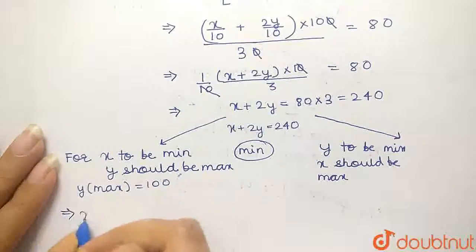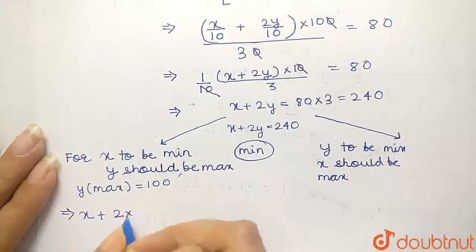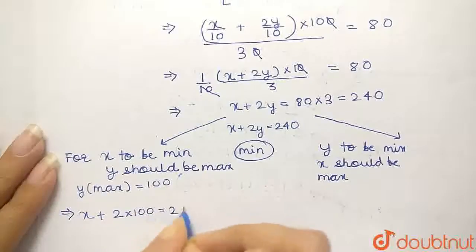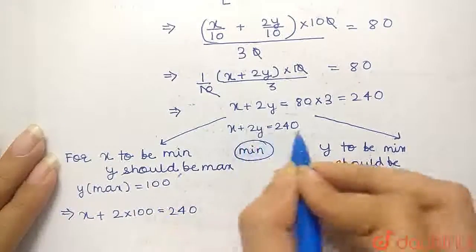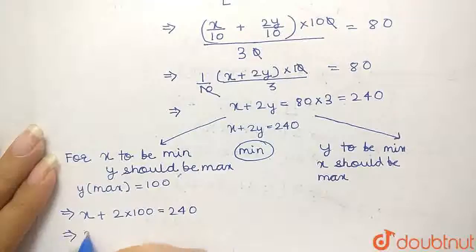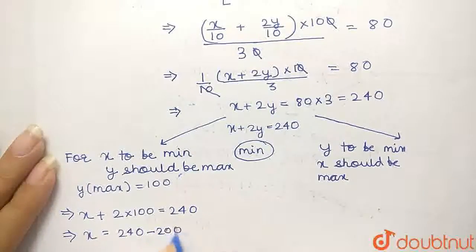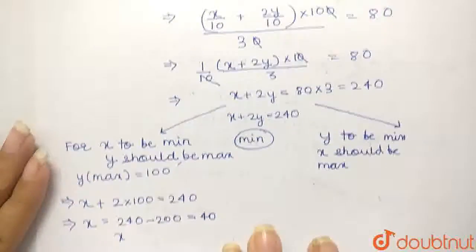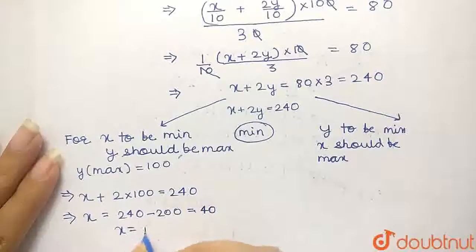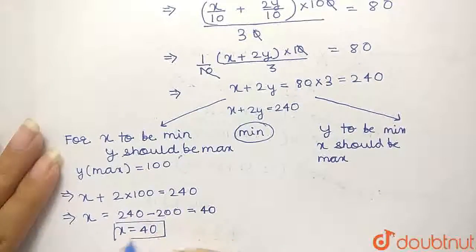So that implies X plus 2 into 100 equals to 240. We are substituting in this equation. So that implies X equals to 240 minus 200, which equals to 40. Now we have got X equals to 40. Let us see what we are getting on the other side.